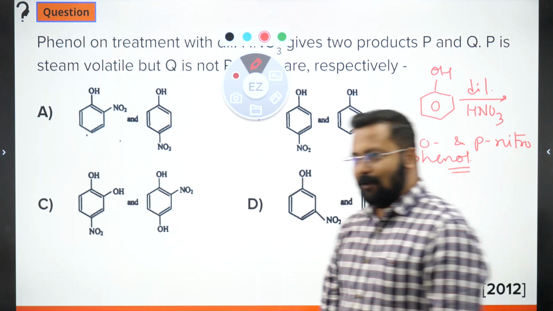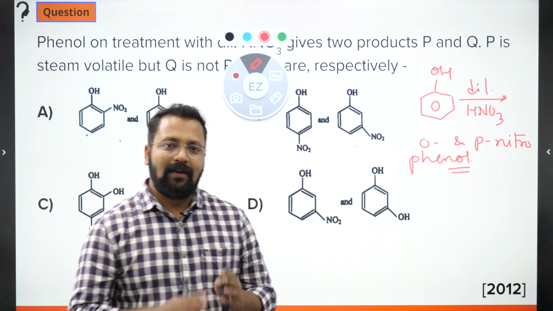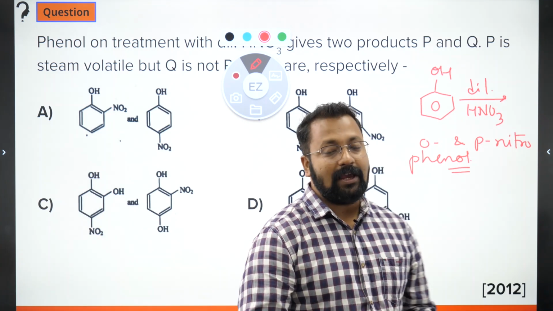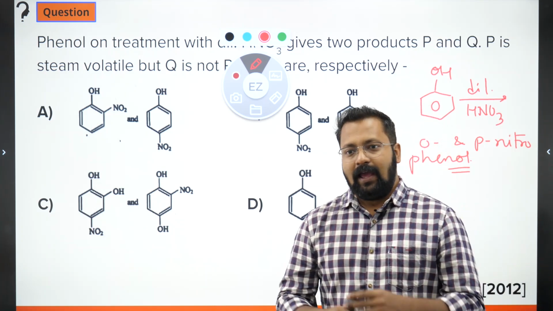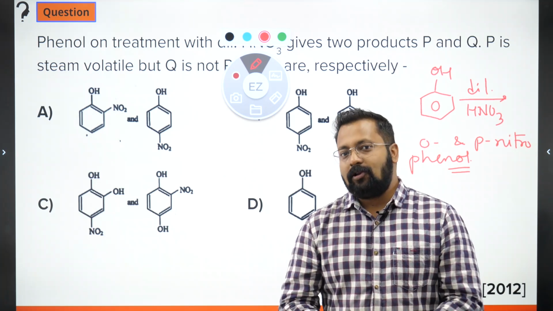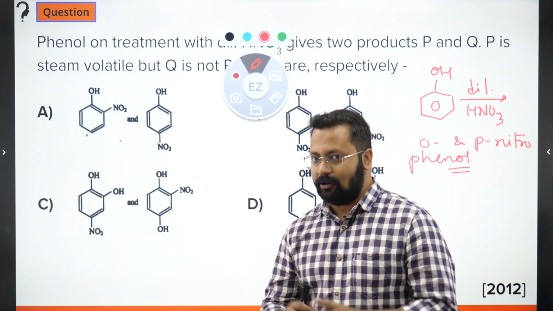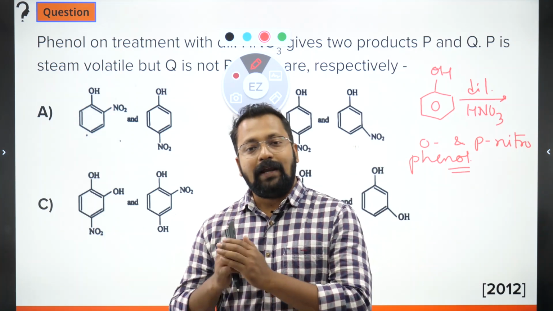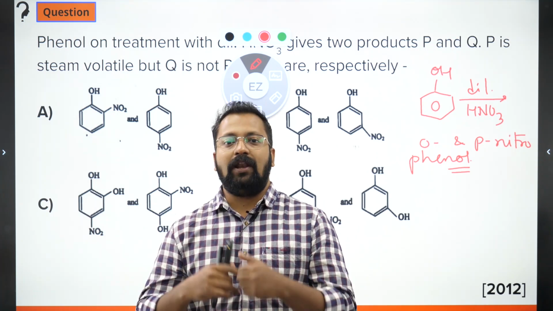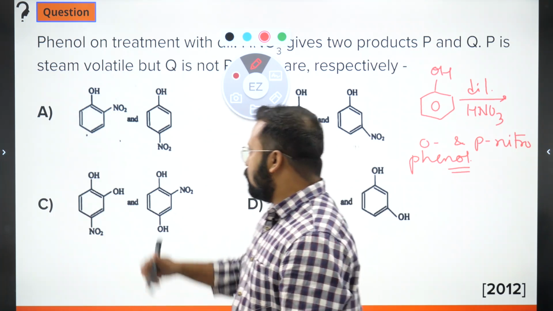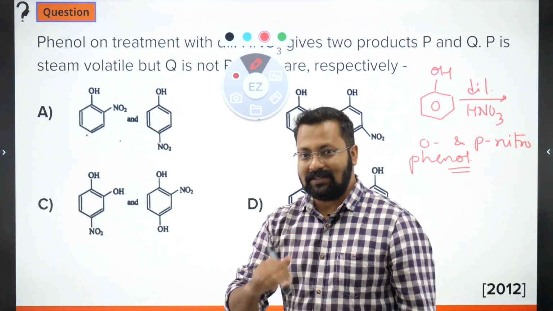Okay, now ortho and paranitrophenol में important चीज़ ये आपको जाननी होती है कि orthonitrophenol undergoes intramolecular hydrogen bonding and paranitrophenol undergoes intermolecular hydrogen bonding. Due to intermolecular hydrogen bonding, the boiling point is high, and for orthonitrophenol boiling point is less.